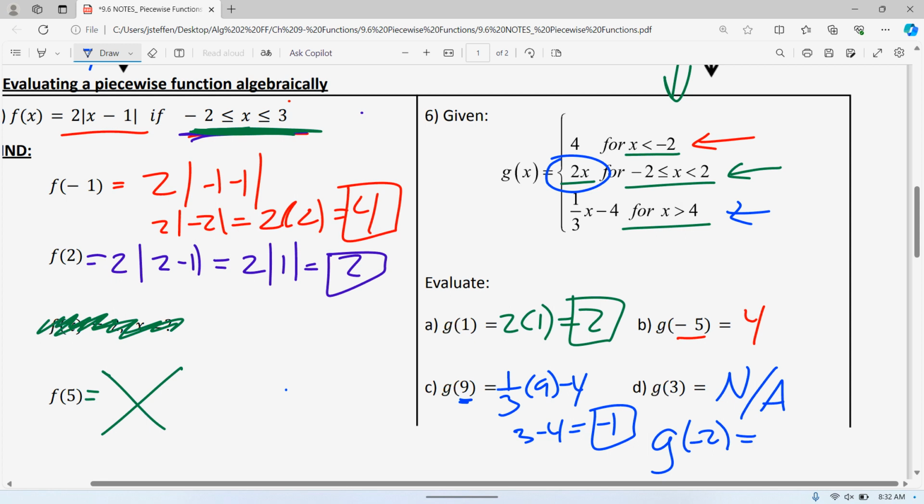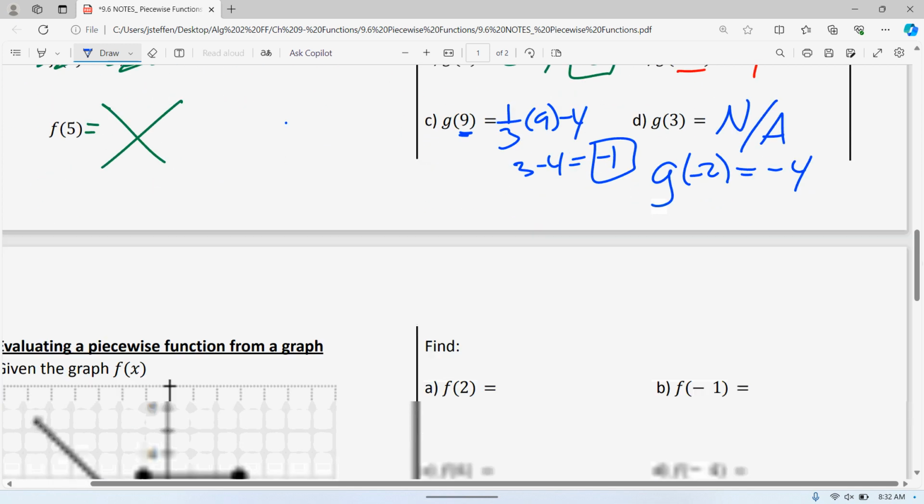Everything less than -2 goes with that first equation, but everything greater than or equal to -2 goes with that second one. So that would be -4. So again, just be careful with that equal to part. That's one of those things that shows up on the test once, sometimes usually once or twice.